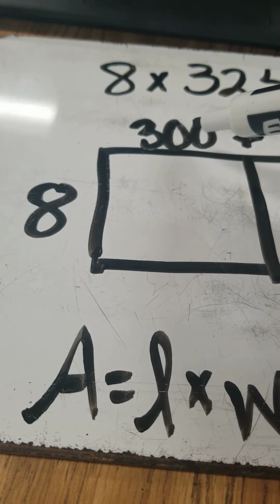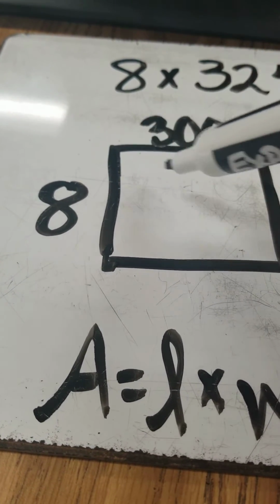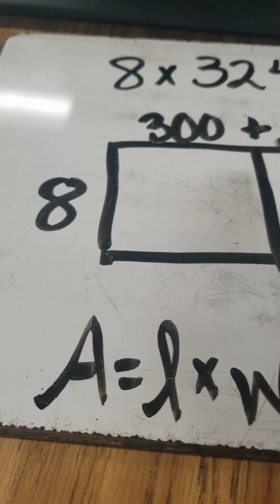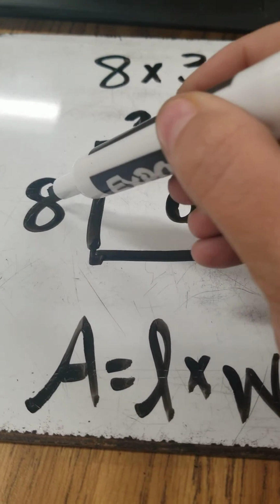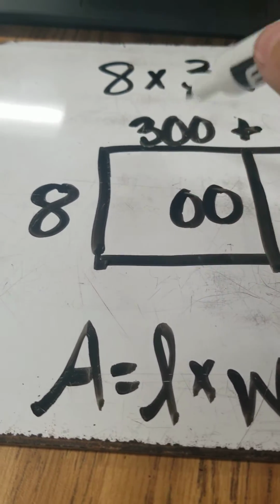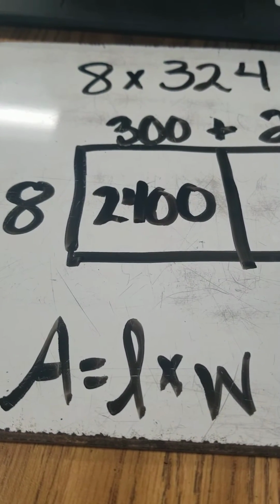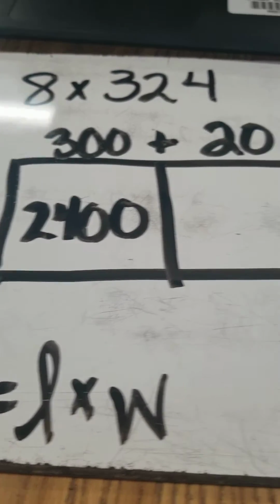Rows times columns. If you are multiplying by a multiple of 10 or 100, any number that ends in zeros, you can put the zeros in and then multiply the non-zeros. So 8 times 3 is 24. I'm finished with this rectangle, so I move to this one.